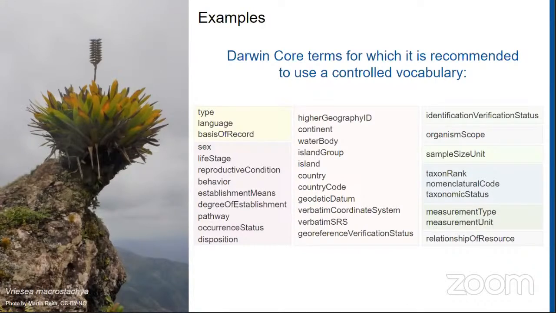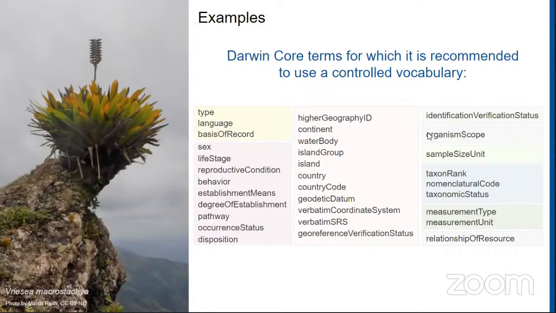And among those Darwin Core terms, there are some that recommend to use a controlled vocabulary. So here is the list of those terms. So for example, country here is recommended to use a controlled vocabulary. So do not just put any value for the country, choose from a particular list of valid values. That's basically what it means.